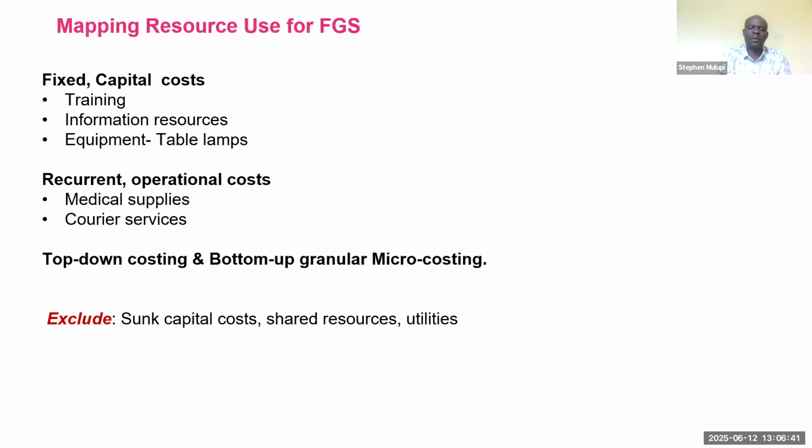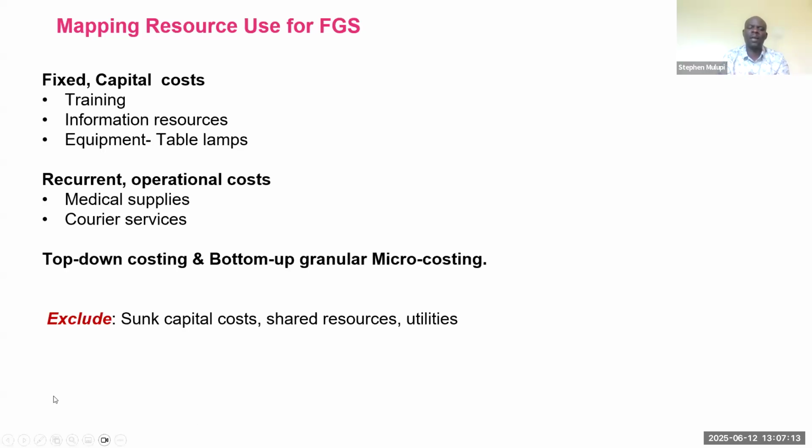I used both top-down and bottom-up costing methods. For top-down, we are just looking at activities as aggregate costs. So, for example, during training, we could hire venues like hotels. There's a package for every participant. That's like an activity cost. But granular costing is going all the way down to how much a tablet, how much a glove that is used for providing services actually costs.